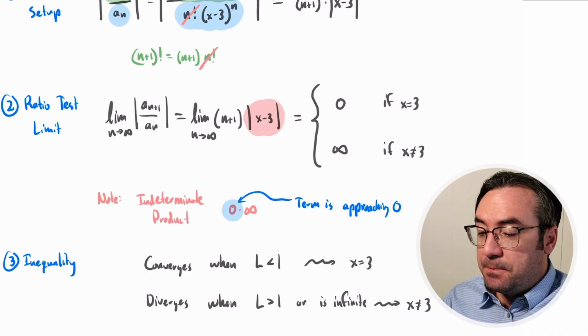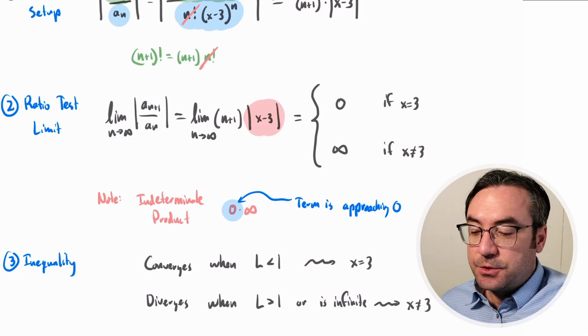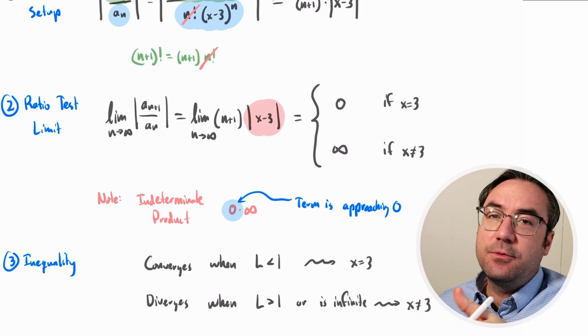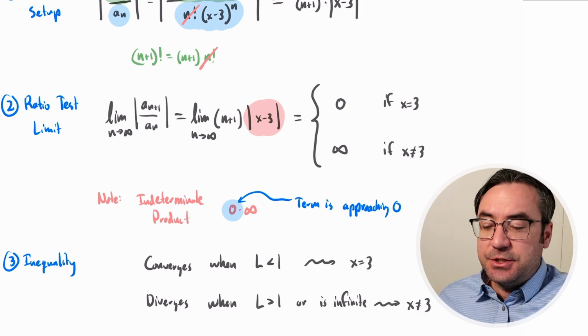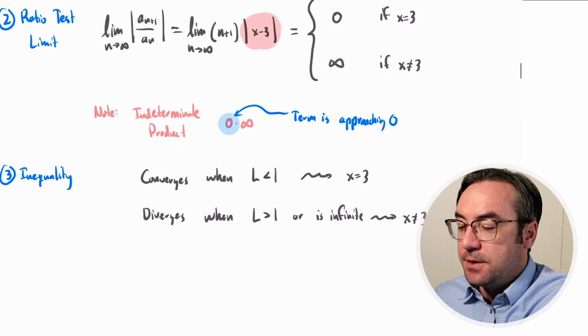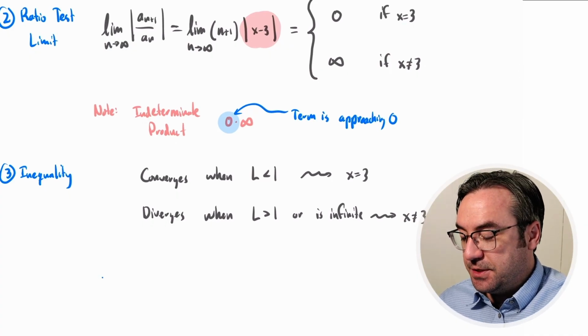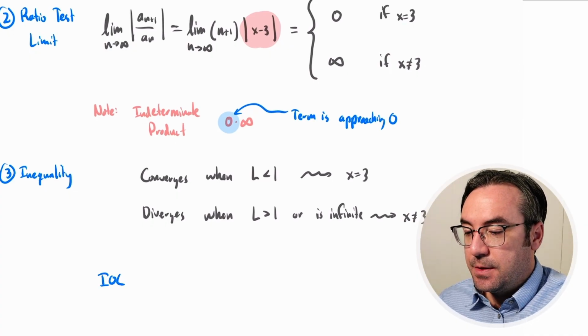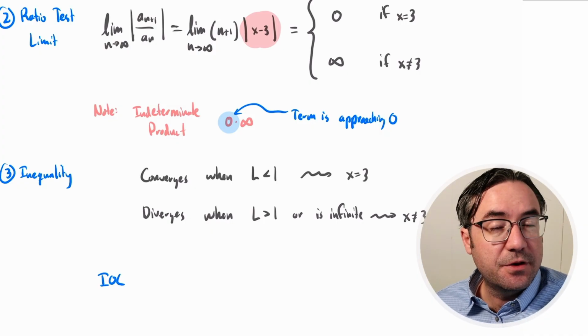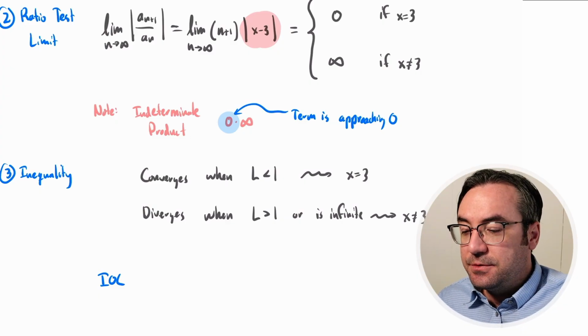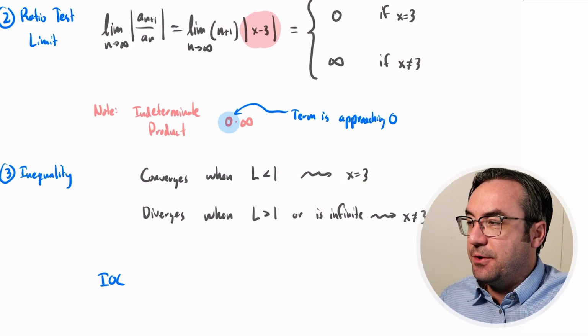All right, so we have it all. There are no edge cases to consider here. We've essentially considered all possible x values. So now we just have to write out our answer. The interval of convergence is the set of all x values where we have convergence, and we found that there was only one x value.